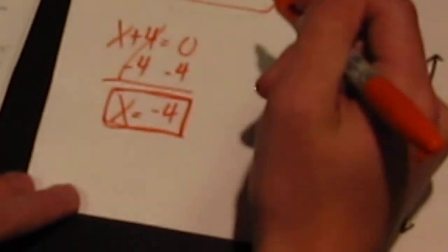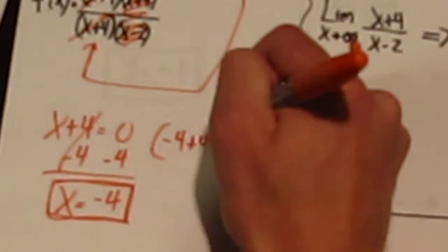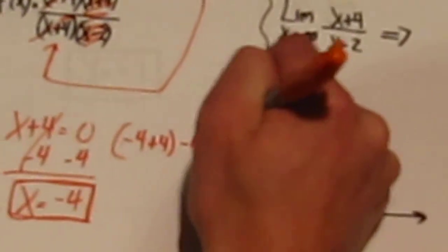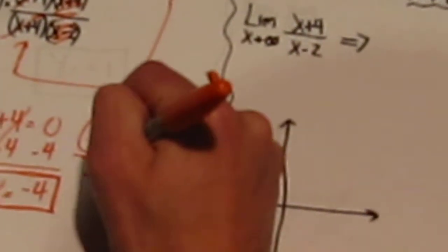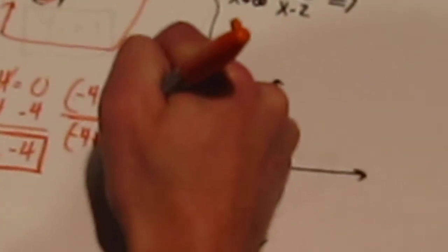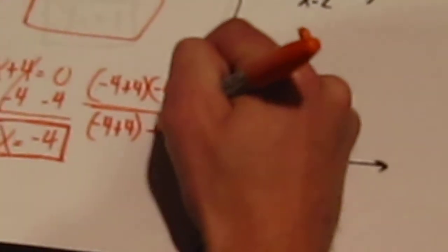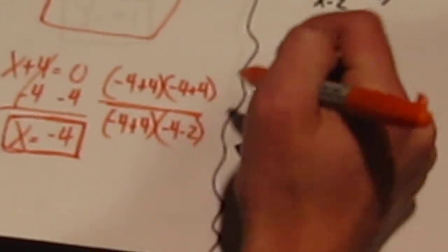And also to get the y value of the removable discontinuity, you have to plug negative 4 in for the x values. So as you can see, this is the original function, so we're going to plug this in. Negative 4 plus 4, and as you see, the numerator is going to equal 0. And then negative 4 minus 2 would equal negative 6.